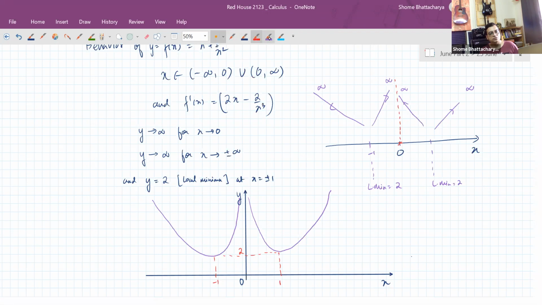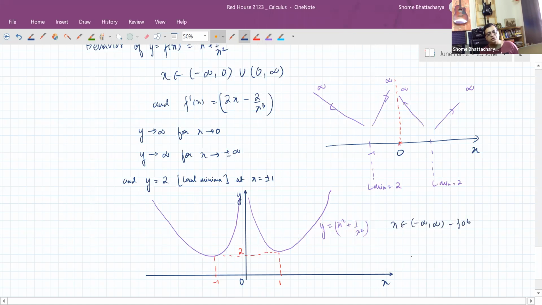So that is how you can see that what's happening for this function is that we have two local minimas, which are, by the way, also global minimas. The domain of this function is the set of all real numbers excluding the point 0, and the range of the function is 2 to infinity.